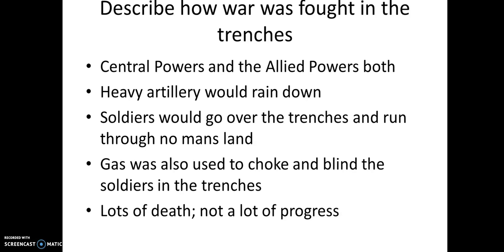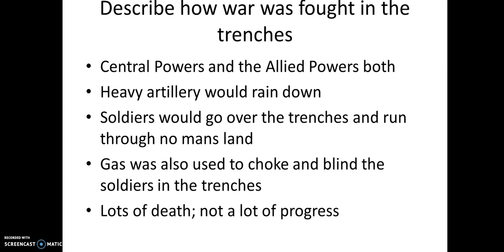How war was fought in the trenches. Okay, so trench warfare is something that you really can see in Wonder Woman. With trench warfare, we have the Central Powers and the Allied powers both taking advantage of it.